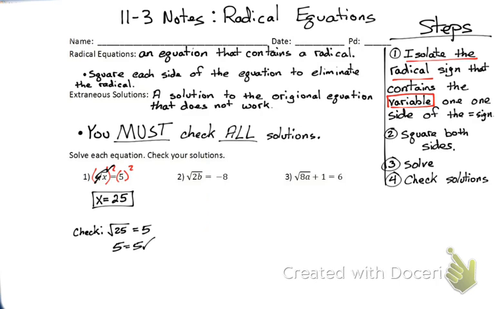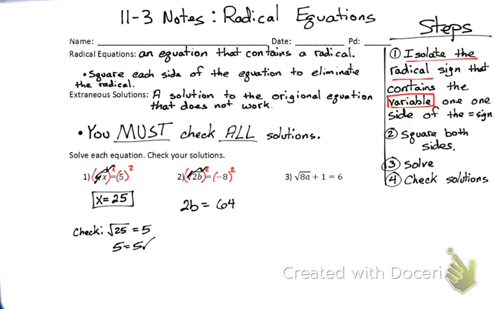That would mean it's isolated. So you have the square root of 2b equals -8. I am going to square both sides. The square root of 2b squared is just 2b, and -8 squared is positive 64.